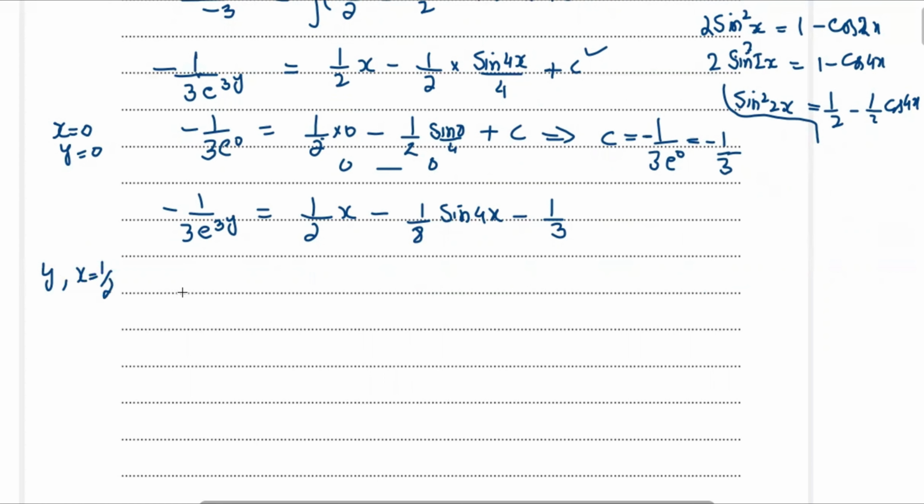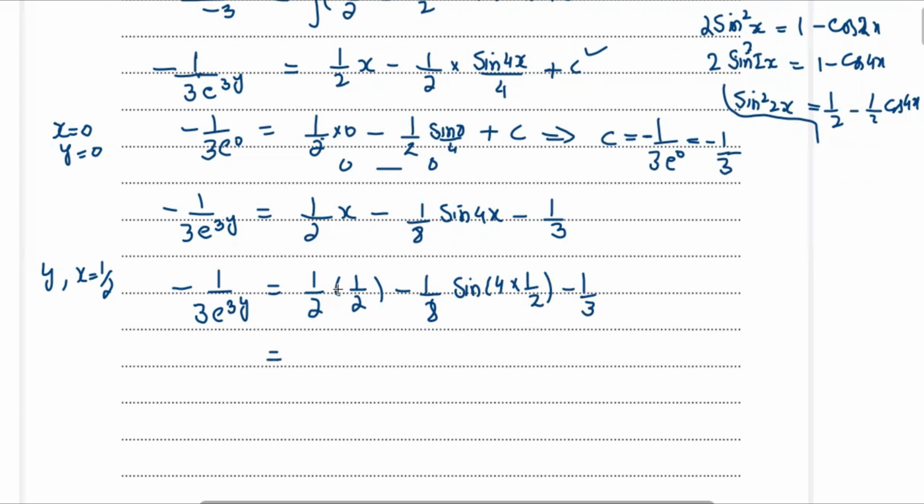Now you see here minus 1 over 3 e power 3y is written as it is. 1 over 2 into x is 1 over 2. That's minus 1 over 8 into sine 4 into 1 over 2, minus 1 over 3.